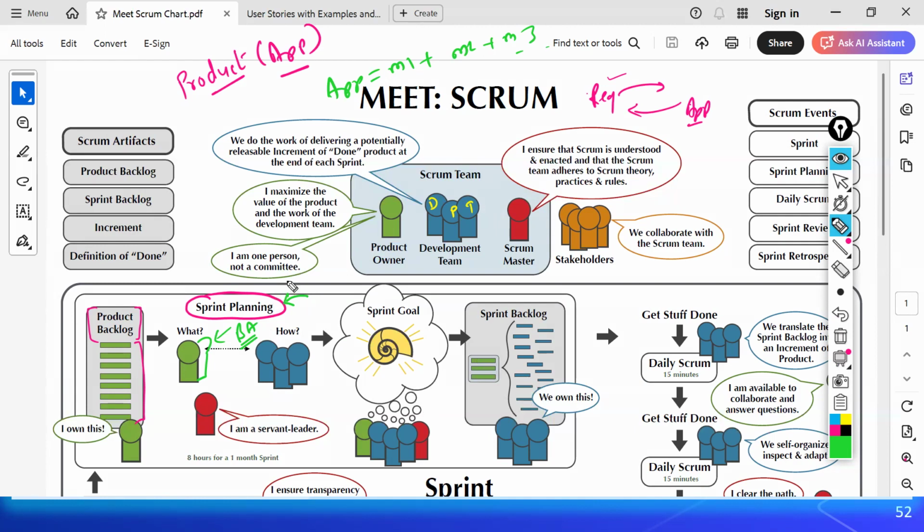That you will get from the product backlog, because product owners will be discussing with BAs. In this sprint planning meeting, they'll include the technical development team as well, because they need to know what needs to be done. How it is going to be implemented is the responsibility of this development team. They will take care of that. They're not going to ask the other team members how to do this. They'll just go with that.